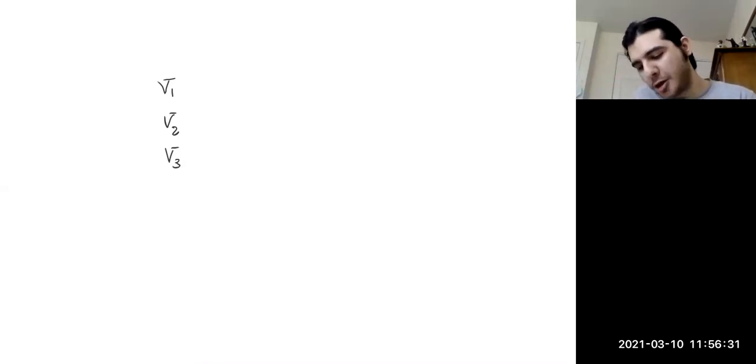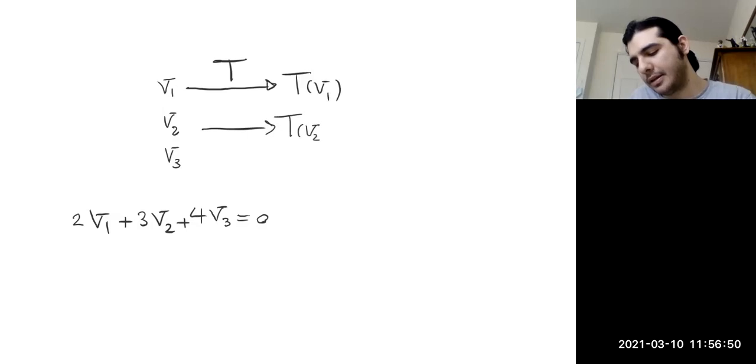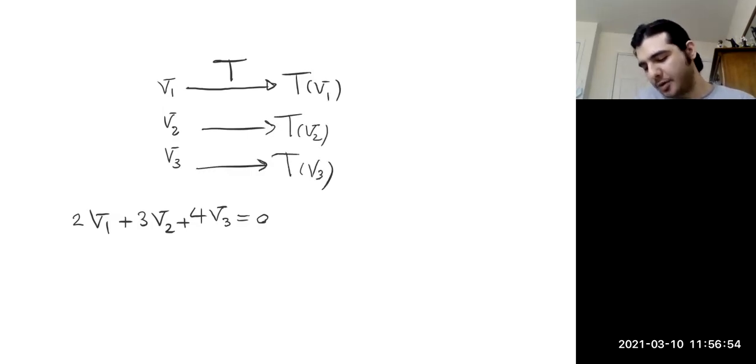for example, if I know 2 times v1 plus 3 times v2 plus 4 times v3 is equal to 0, then for any linear map, I can look at T of v1, T of v2, T of v3. They should satisfy the same relationship.